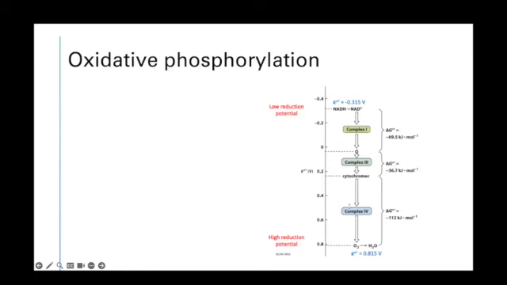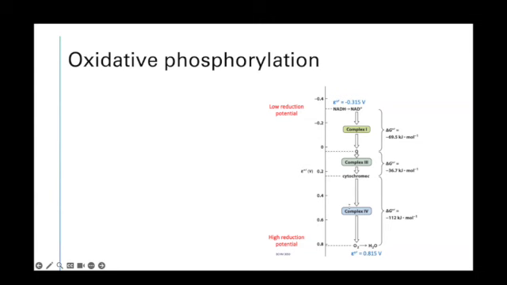All right, moving on to oxidative phosphorylation. Now it gets really fun and complicated. So oxidative phosphorylation, as the name suggests, requires oxygen. Electrons are extracted and passed on through the electron transport chain to a terminal electron acceptor.